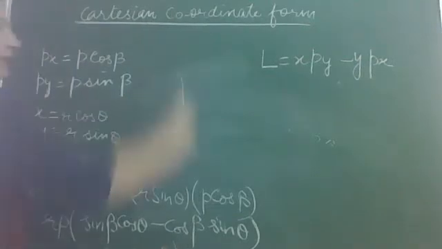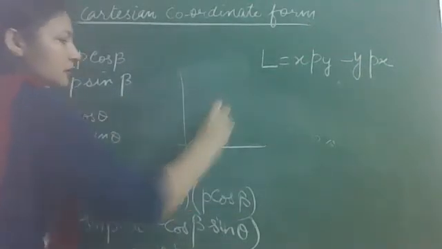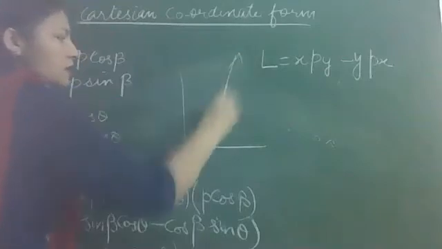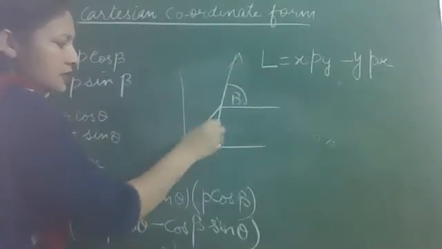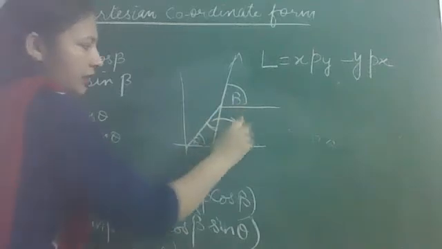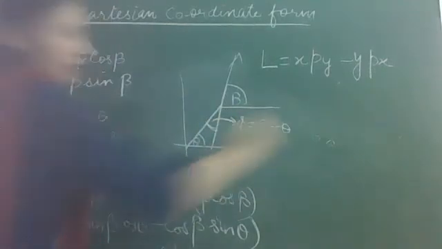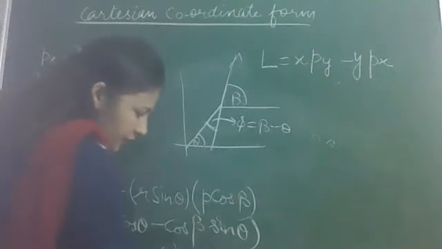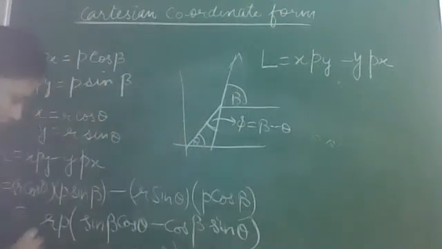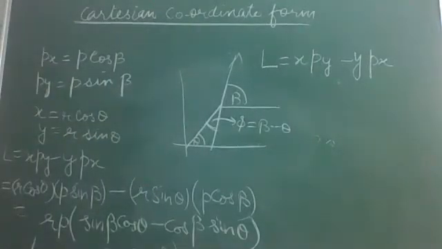And what is this beta minus theta? This was your angle beta, this was your angle theta, and this is your angle phi equal to beta minus theta. So you can write rp sin phi. Using this we arrive at the polar form of angular momentum.